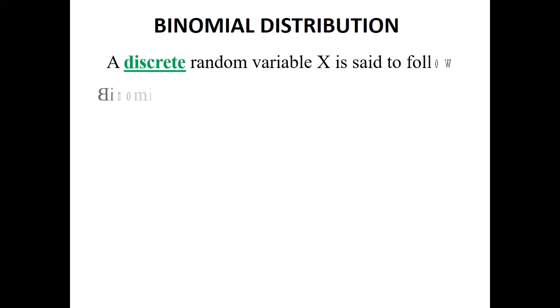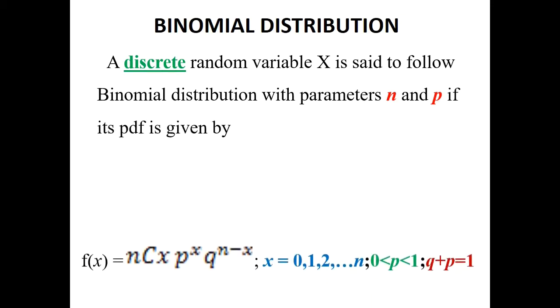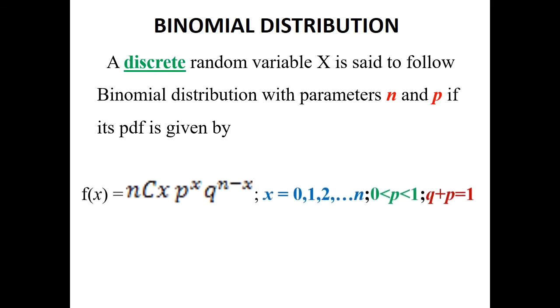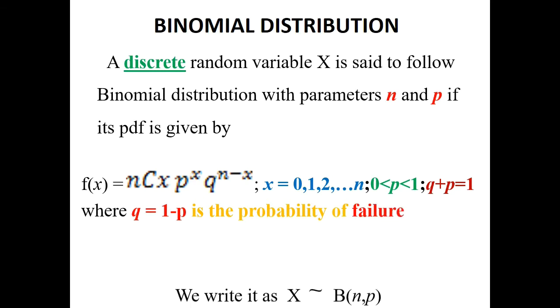A discrete random variable x is said to follow a binomial distribution with parameters n and p if its probability density function is given by f(x) = nCx p^x q^(n-x), where x takes values 0, 1, 2, etc. up to n, 0 < p < 1, q + p = 1, where q is the probability of failure in a single trial.